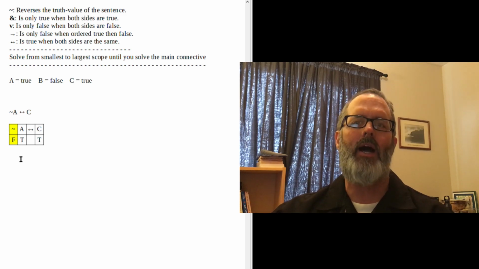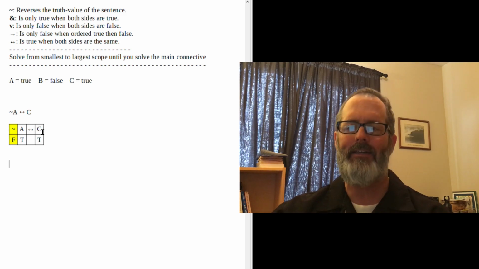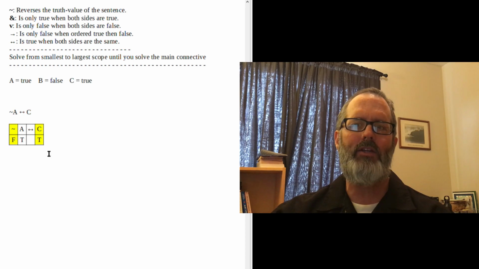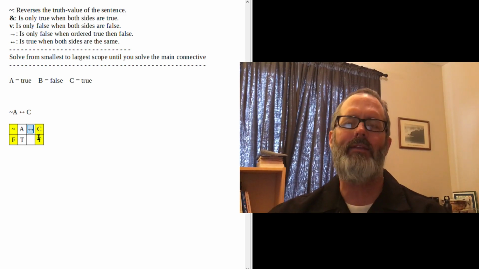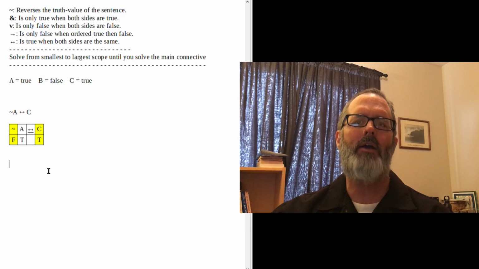Now what am I doing? I'm comparing the value of not A to the value of C. Let me make that stand out too. So I am only paying attention to these two column values. And now I can solve. What's this? This is our main connective, right? I will make it stand out. And so I'm comparing this value to this value in terms of this biconditional.